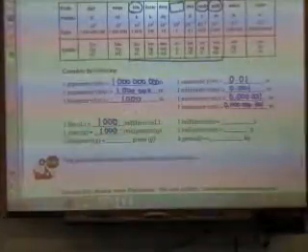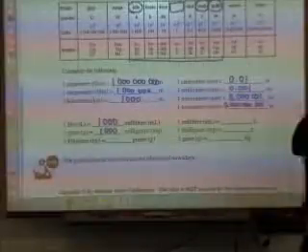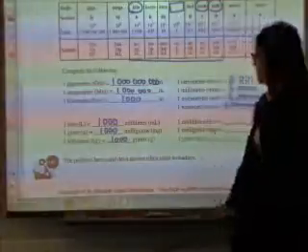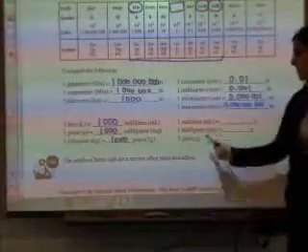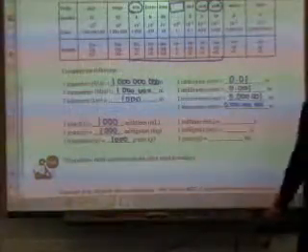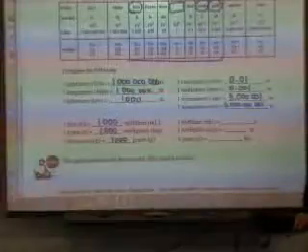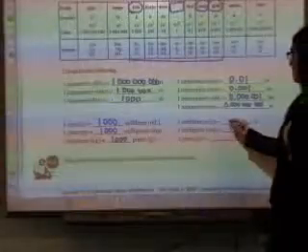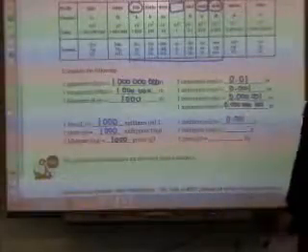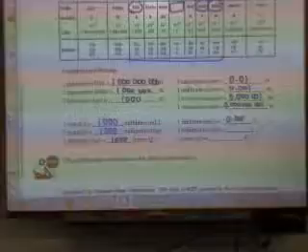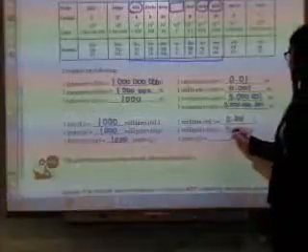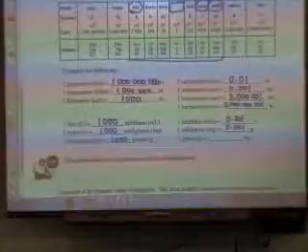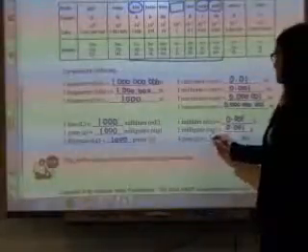How many grams in 1 kilogram? 1,000. How many liters in 1 milliliter? 1/1,000. How many grams in 1 milligram? And how many kilograms in 1 gram? 1,000th again.